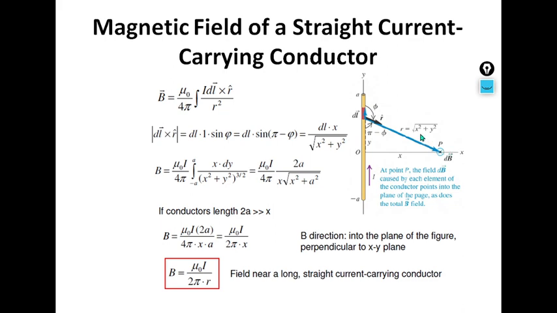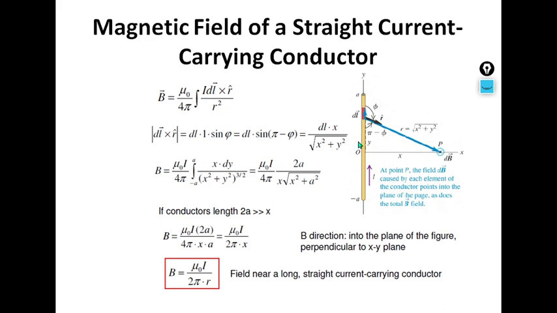Now, if I want to find out the field strength or magnetic flux density produced due to the current carried by this total length of conductor, I can use this formula. So dl cross r, we can write as dl r sine theta or sine phi.